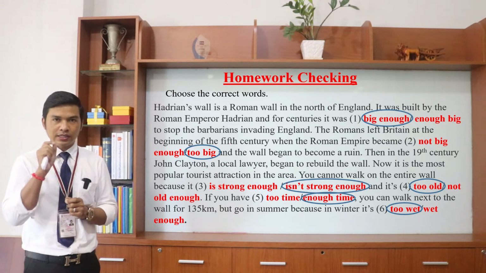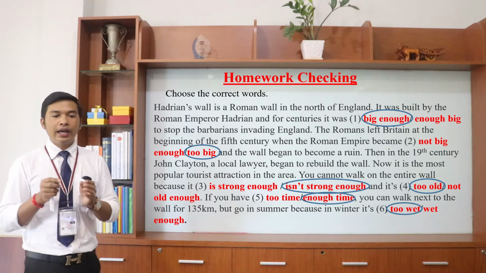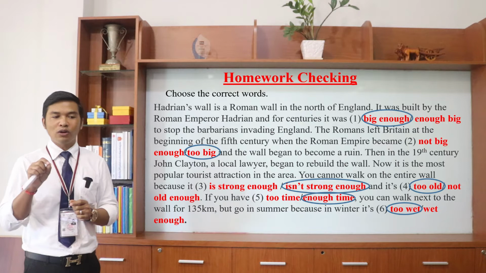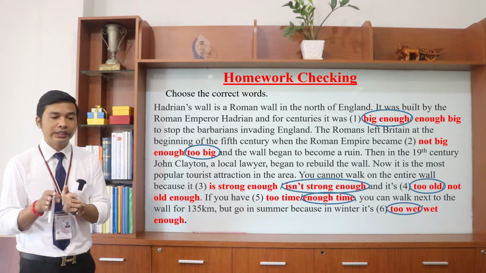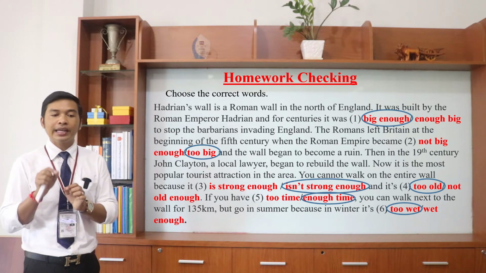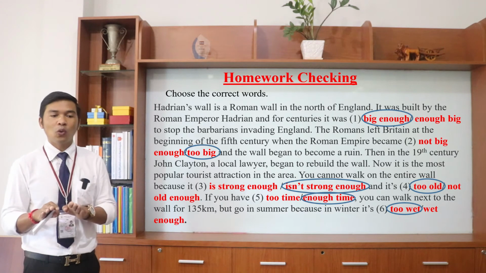So the correct answer is isn't strong enough. And strong is an adjective, right? And number 4, it's too old, not old enough. So what is the correct answer? You can't walk on the wall because it isn't strong enough and it is too old. Because it is too old, you cannot walk on the wall.